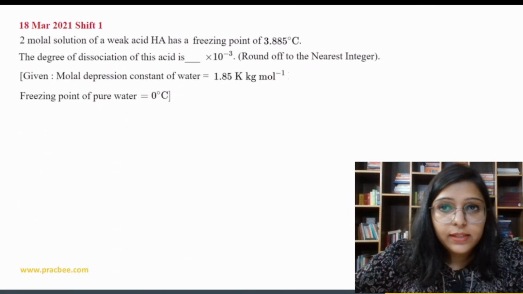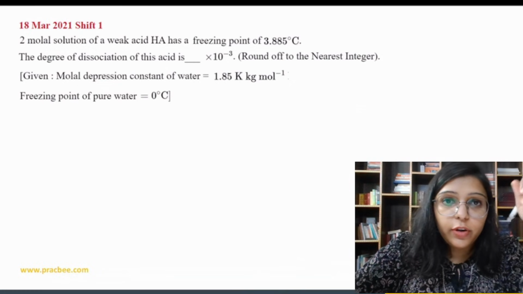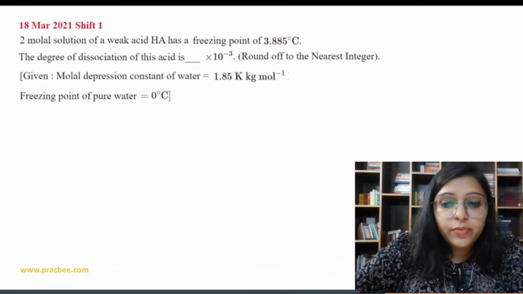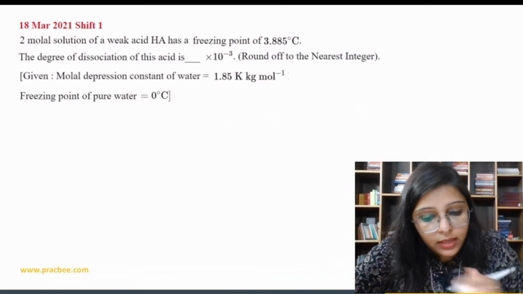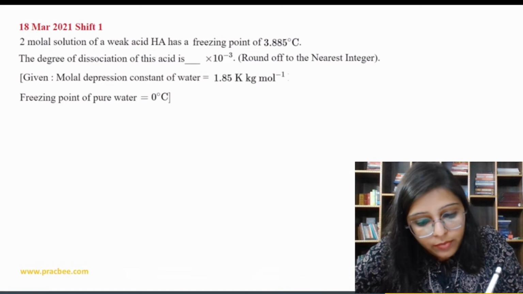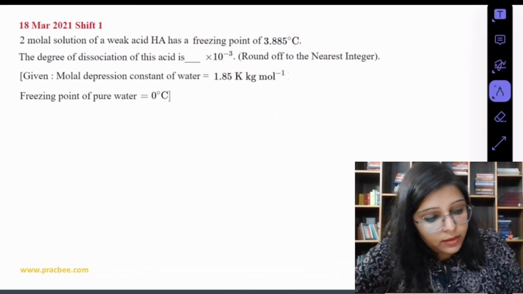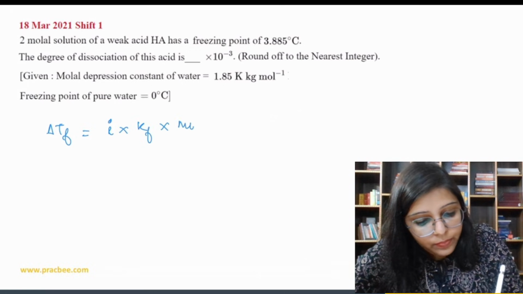The next question says a 2 molar solution of a weak acid HA has a freezing point of this. The degree of dissociation of this acid is? So you have to find out the value of alpha. So how to find out, beta? So for HA, you have to find the degree of dissociation. First you have to find out the value of i, right? So delta TF is equal to i into KF into molality.